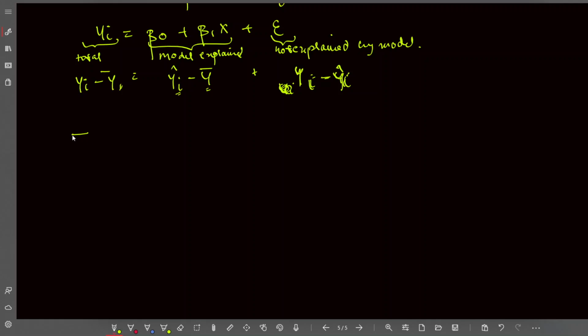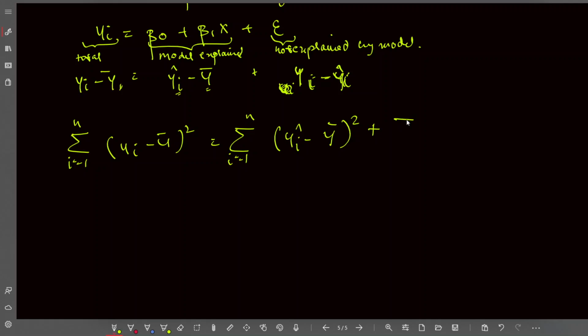Which basically means that sigma i equals 1 to n of yi minus y bar the whole square equals sigma i equals 1 to n of yi hat minus y bar the whole square plus sigma i equals 1 to n of yi minus yi hat the whole square. This can be proven. Basically I've just taken the square of all of these and summed it together.